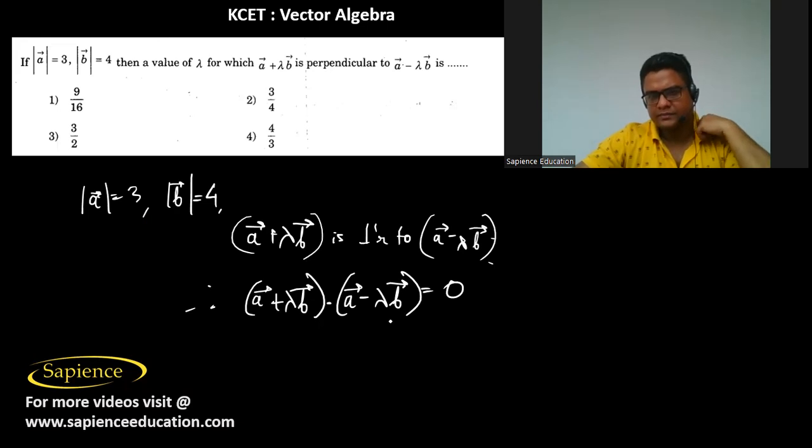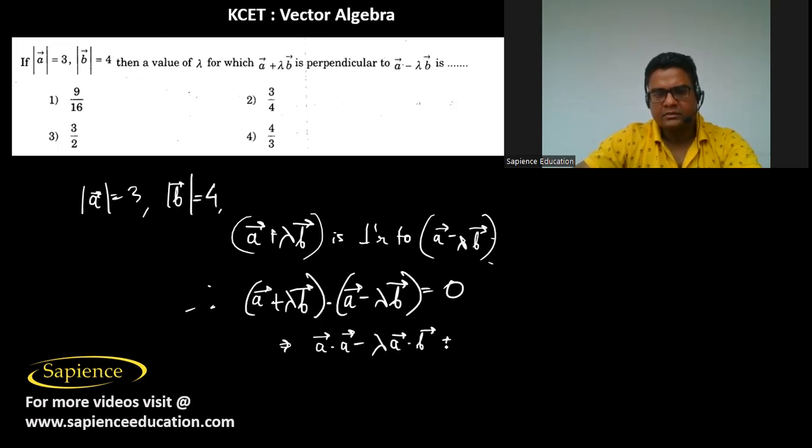So therefore, you can say that this will be A dot A minus lambda A dot B plus lambda A dot B, then minus lambda square B dot B, that should be equal to 0.